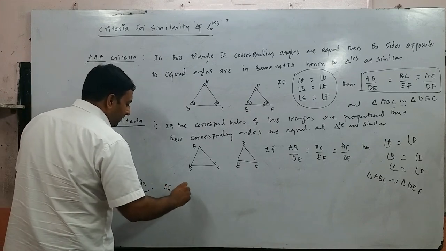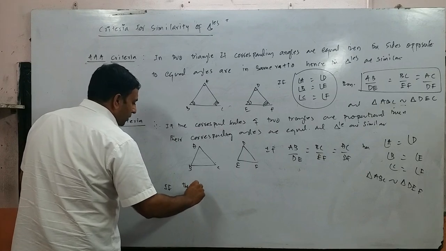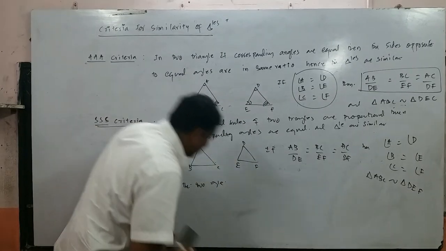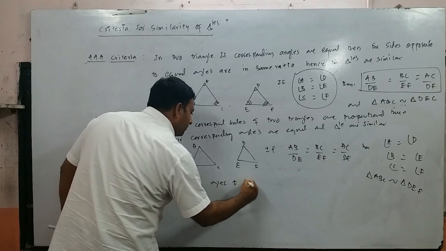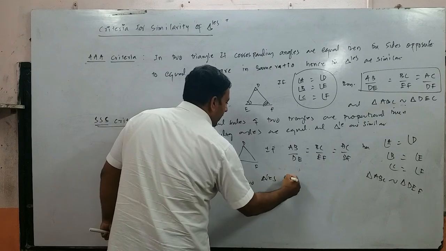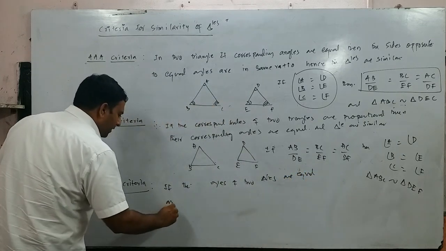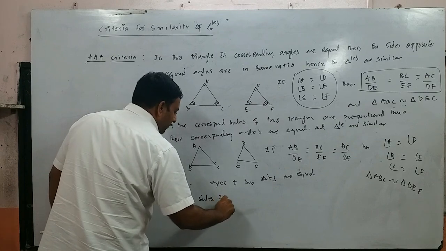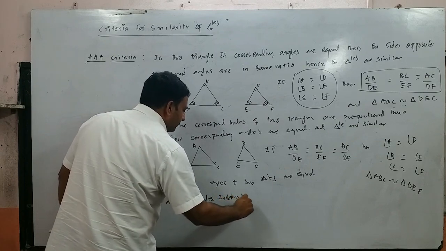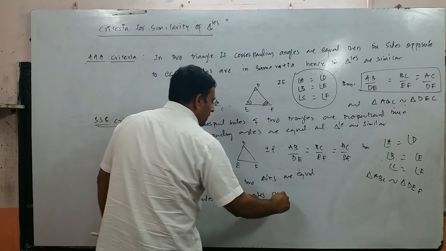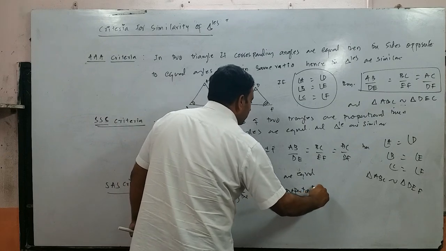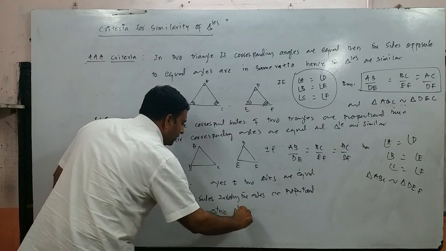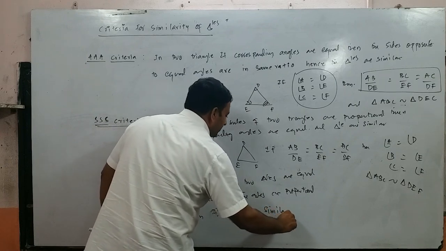If the angles of two triangles are equal, and the sides involving the angle are proportional, then two triangles are similar.